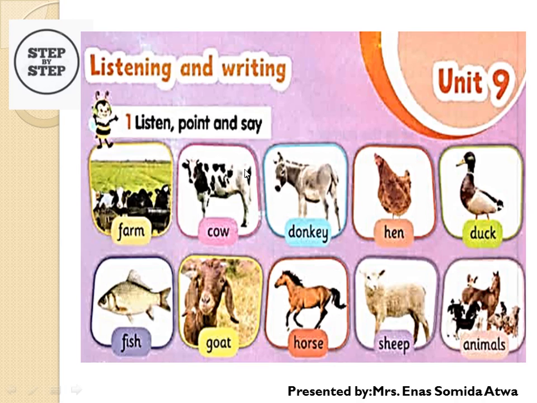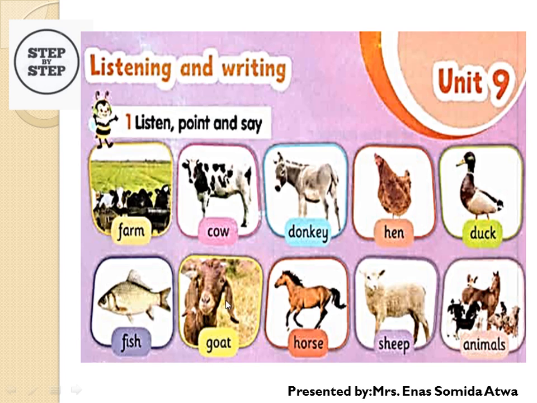تمام. Repeat after me بقى. Farm مزرعة. Cow, donkey, hen, duck, fish. لو خدت بالك من الإشارة عرفنا كده ايه الفيش ايه هي.